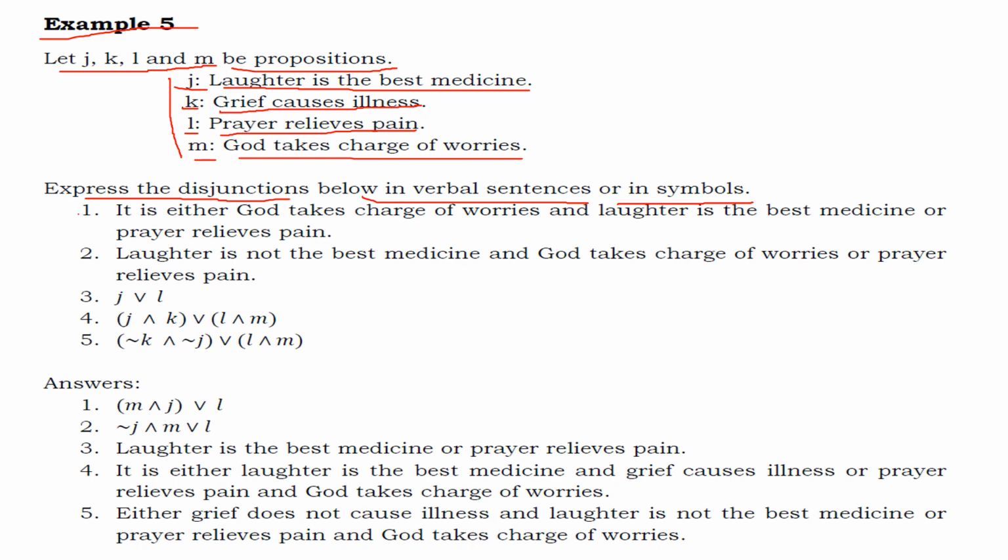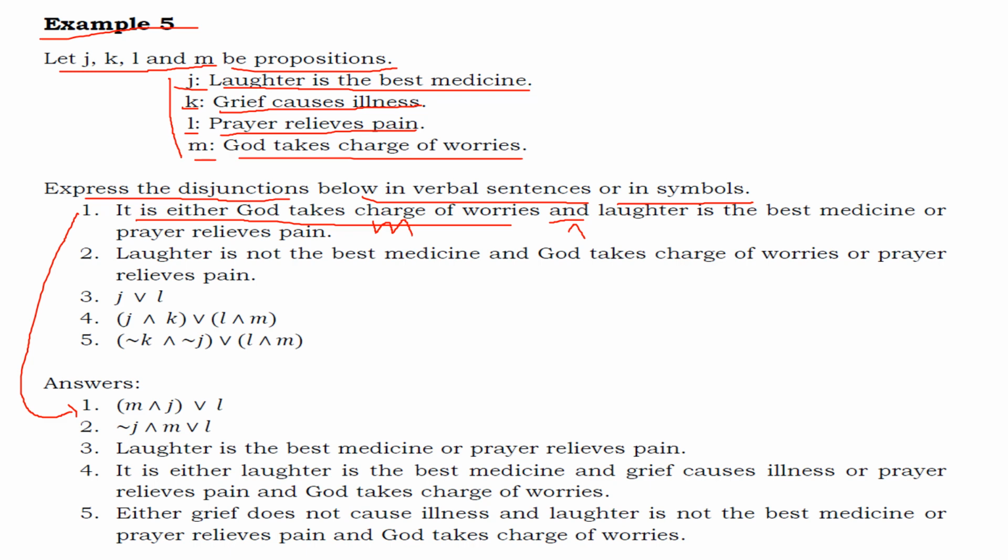Now, for number 1, as you can see, we follow the dominant order. It is either God takes charge of worries, so that will be your M, and there is a conjunction N here. So this will serve as the representation of proposition M, and there's a conjunction N there.